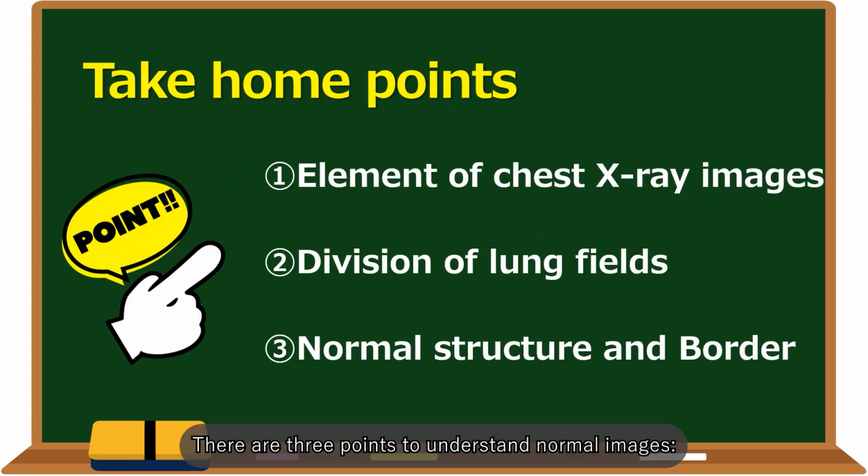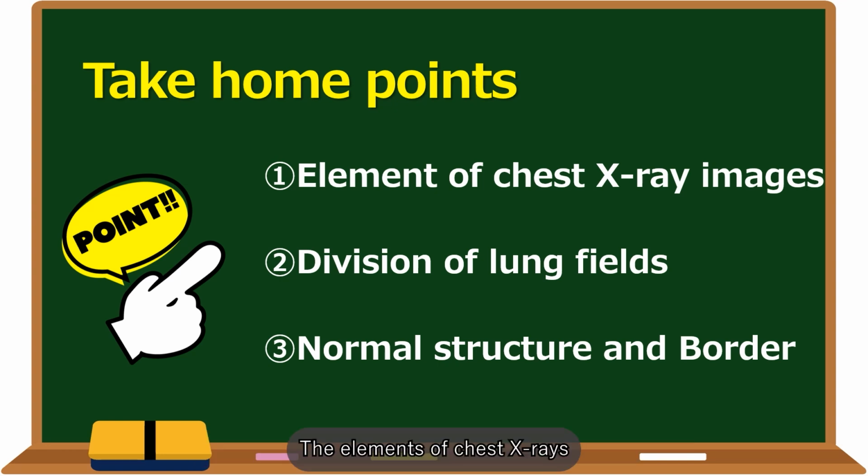There are 3 points to understand normal images: the elements of chest X-rays, the division of lung fields, and normal structures and borders. Now, I'll explain each of them.